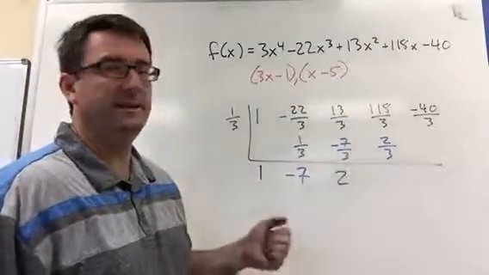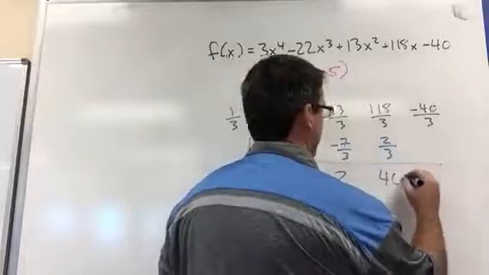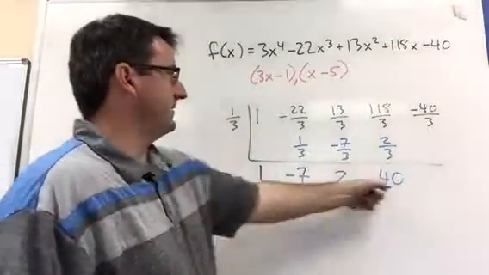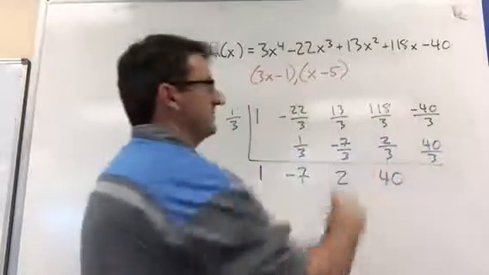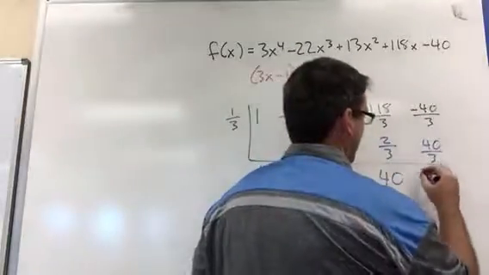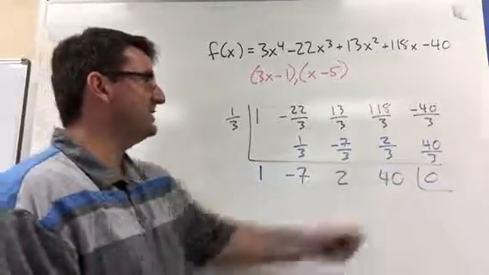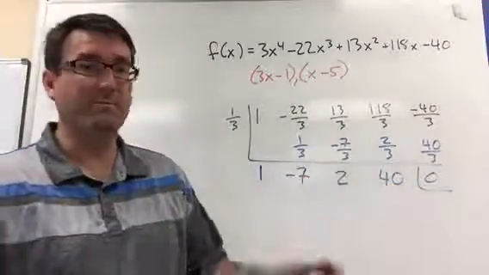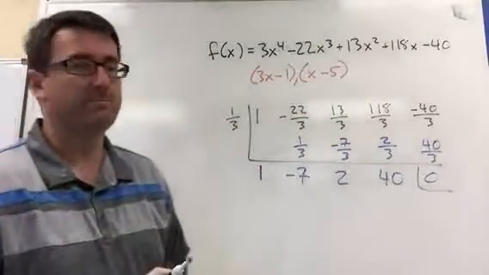Plus 118 over 3 is going to be 120 over 3, which is 40. And 1/3 times 40 is 40/3. And 40/3 plus negative 40/3 is 0. So we got a remainder of 0, which is what we wanted. That means that this is a factor of this.